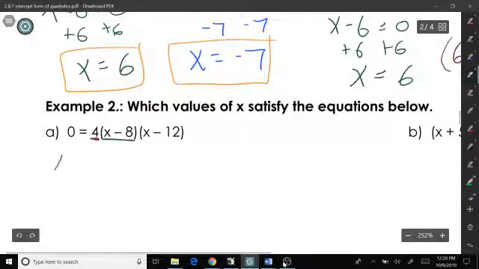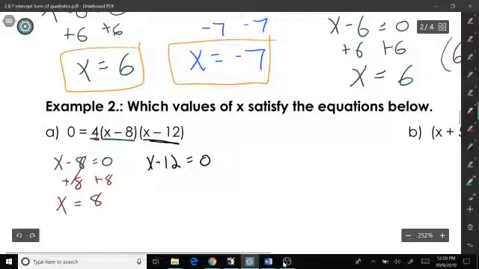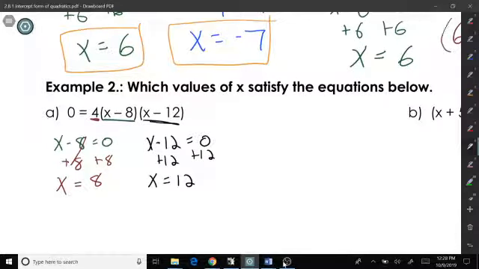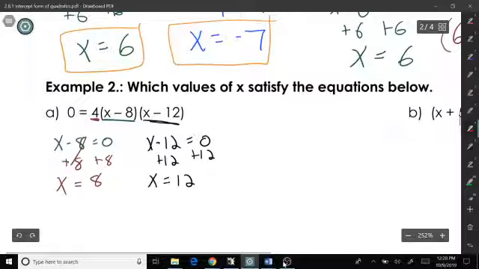So we're going to have x minus 8 equals 0 and x minus 12 equals 0. Add 8. So x equals 8. And 12, x equals 12. And I'm not going to write them as an ordered pair or as intercepts because the directions say which values of x satisfy the equations below. X equals 8 does, and x equals 12 does.